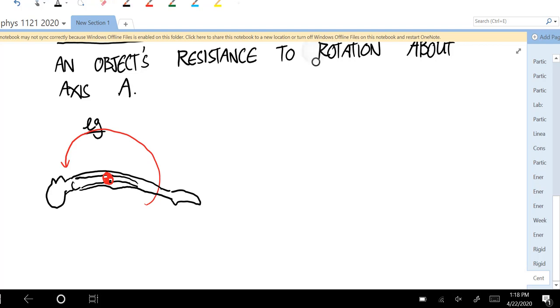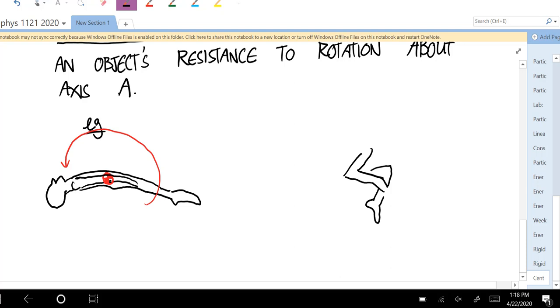And another way they can do flips is hold their body in this position. Their center of mass is here.